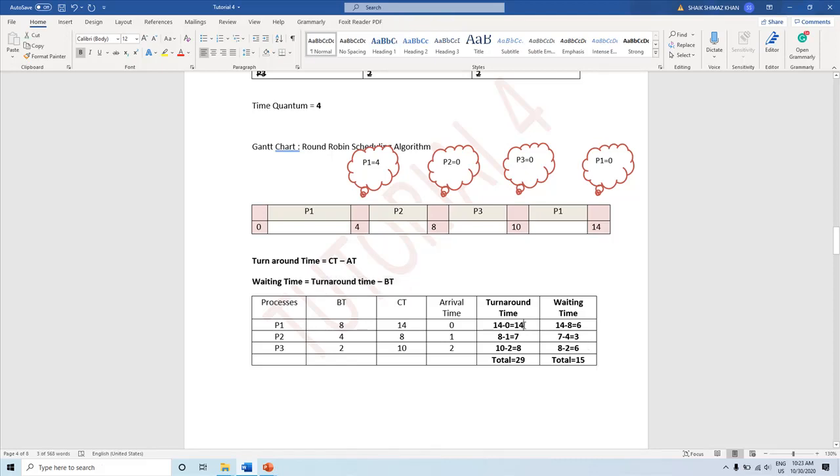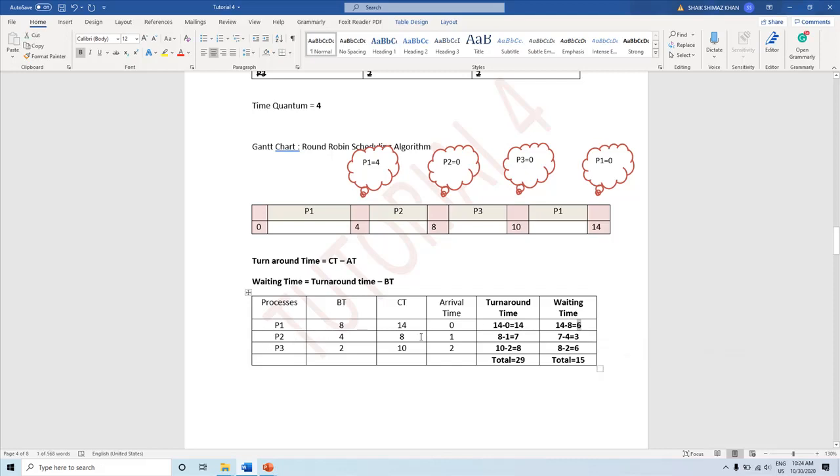Just a minute, I made some mistake here. Sorry, the waiting time is equal to turnaround time minus burst time. So 14 minus 8 burst time gives a waiting time of 6 for process 1.